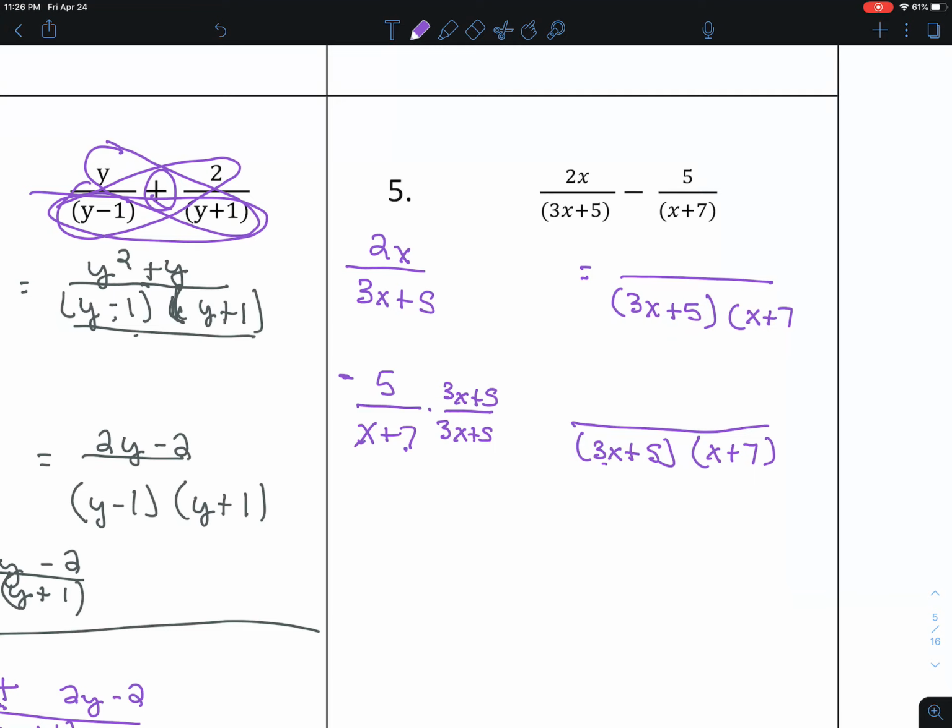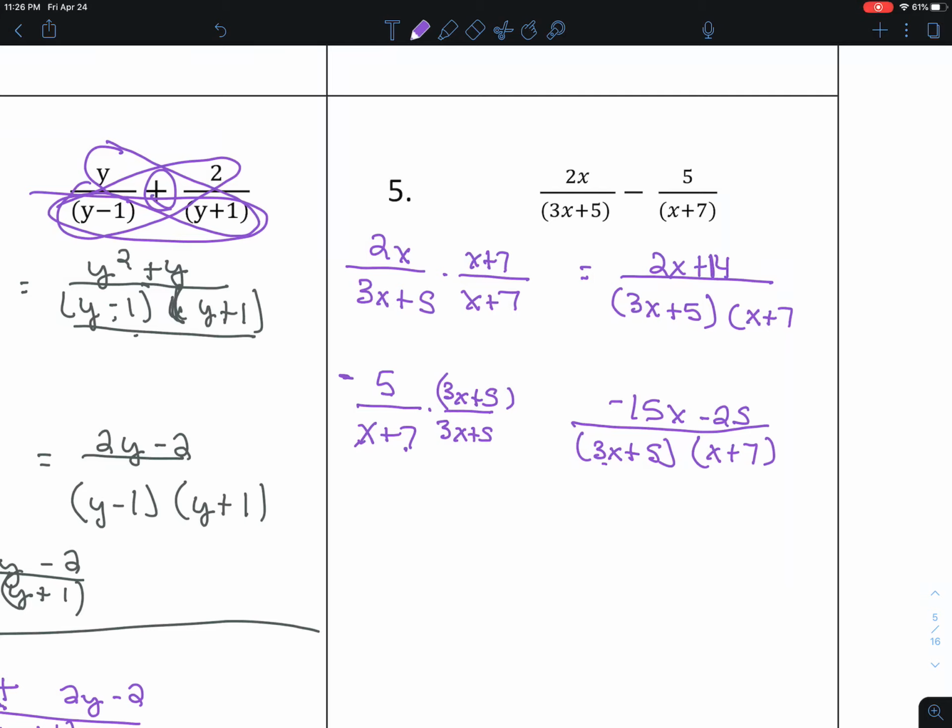Remember, I have to multiply both the numerator and the denominator by that. So multiplying negative 5, I have to distribute, so that's negative 3x minus 25. What am I going to multiply this by? x plus 7, because that's what is missing, both the numerator and the denominator, and that gave me 2x squared plus 14x.